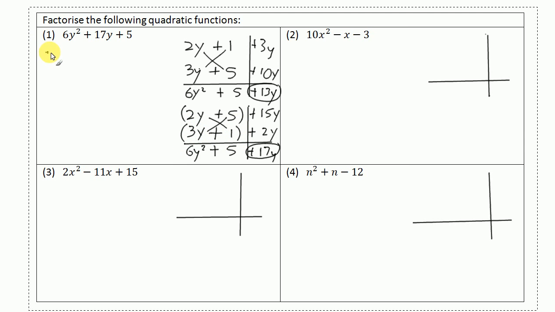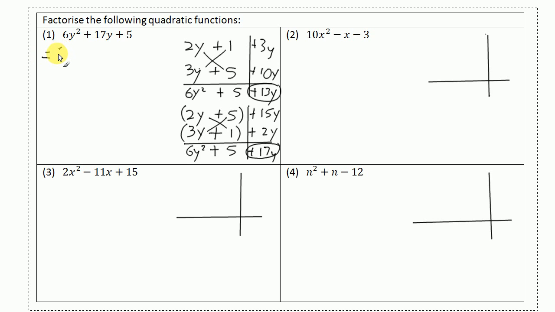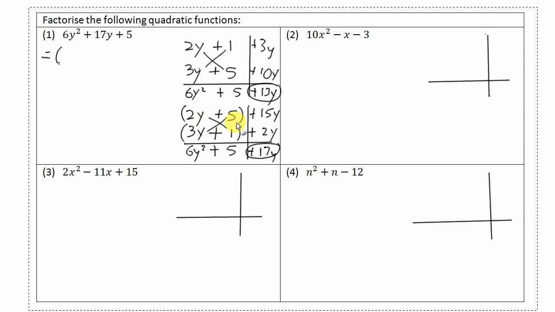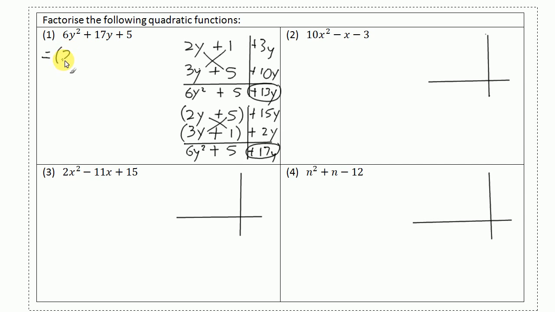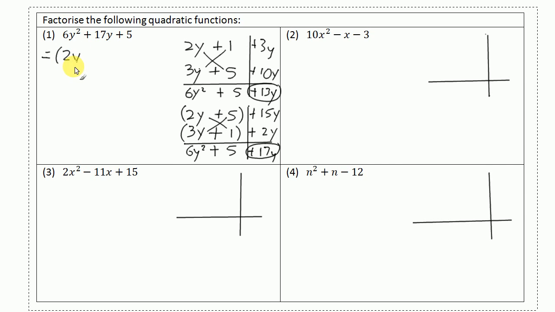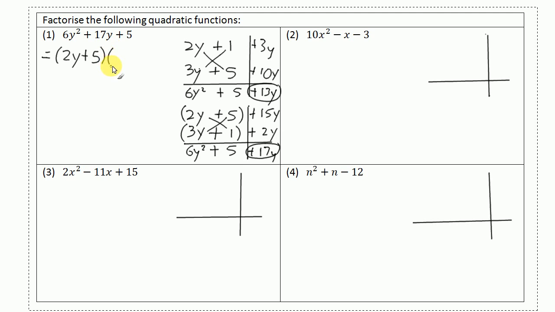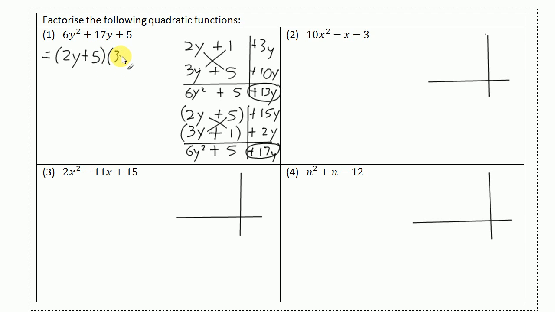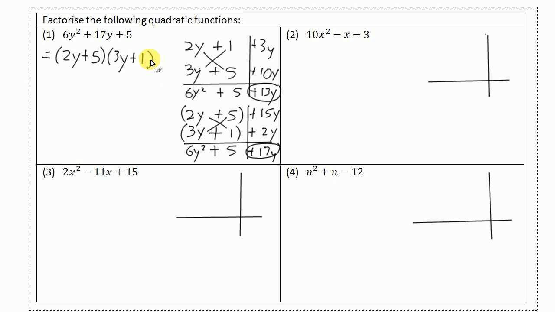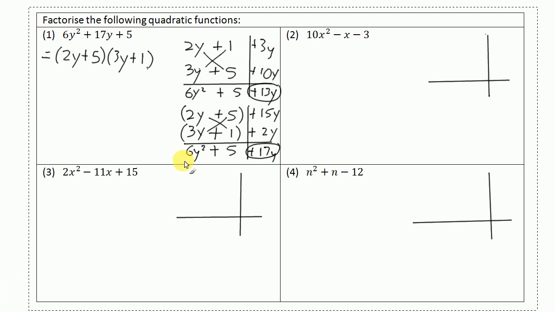Alright, so I just write down the two factors as 2y plus 5 and 3y plus 1. Alright, so that's the answer for number 1.